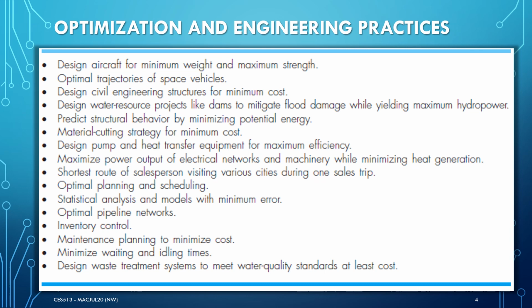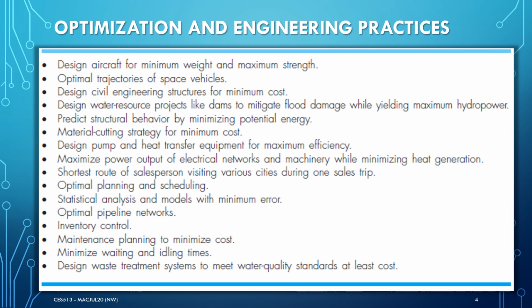In doing so, they are constrained by the limitations of the physical world, and they have to keep the cost down. Thus, they are always facing optimization problems that balance performance and limitations. So here is a list of some common instances seen in engineering practice dealing with optimization.